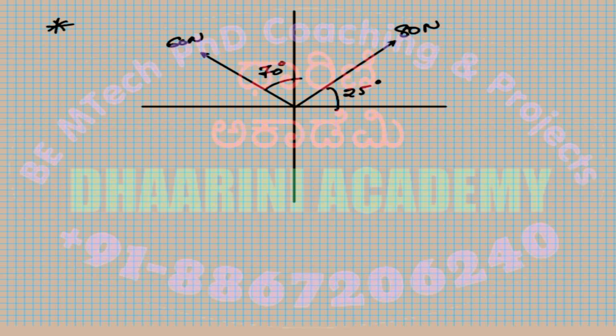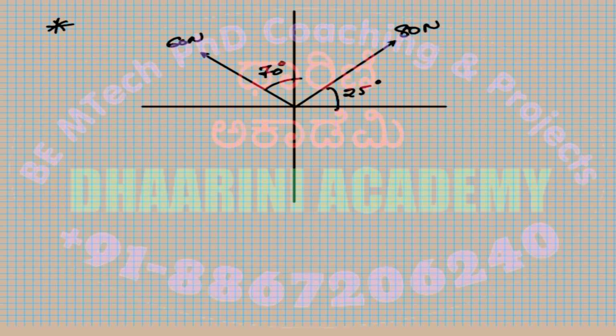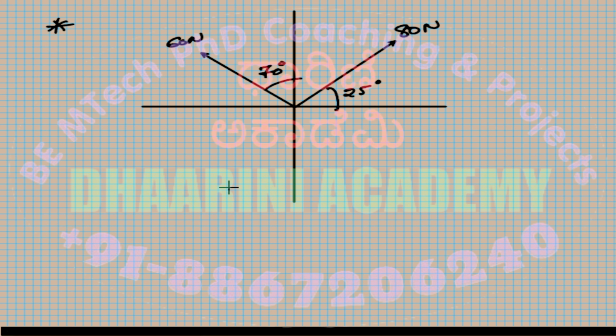Newton, 70 degrees. Newton, 35 degrees. 110 Newton, 40 degrees. So this is the x-axis, this is the y-axis.